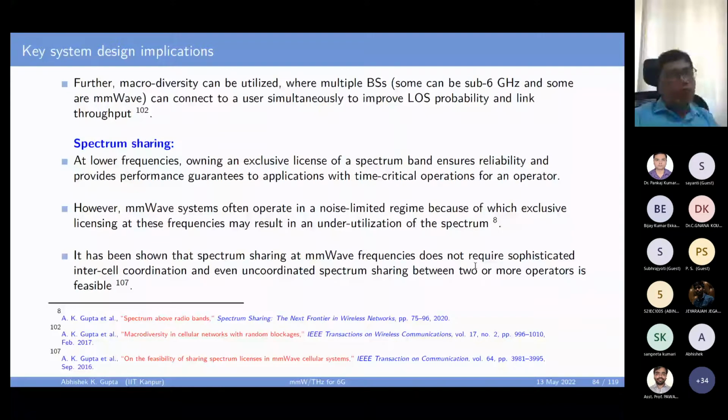Also, since blockages can happen at any time, you can use macro diversity, where you keep more millimeter wave base stations ready in case one turns off. You can do an immediate handover to another.